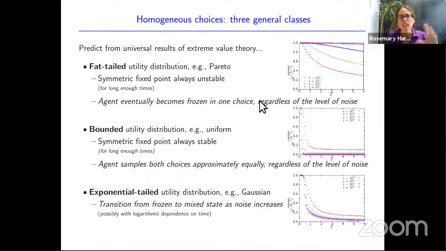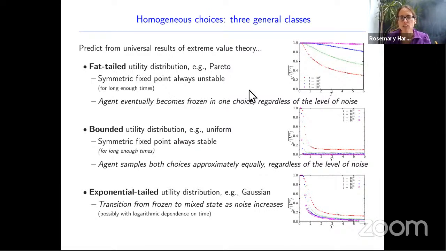So you have 3 generic classes that come from extreme value theory. If your utility distribution has fat tails, like a Pareto distribution, for example, then the symmetric fixed point is always unstable for long enough times. In other words, the agent has a very good experience in one direction, they're more likely to go in that direction, more likely to get an even better value of the utility, and overwhelmingly end up going one way or the other.